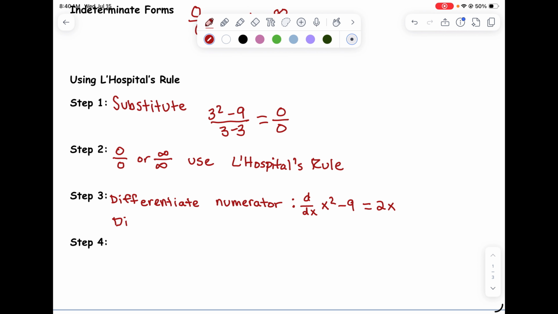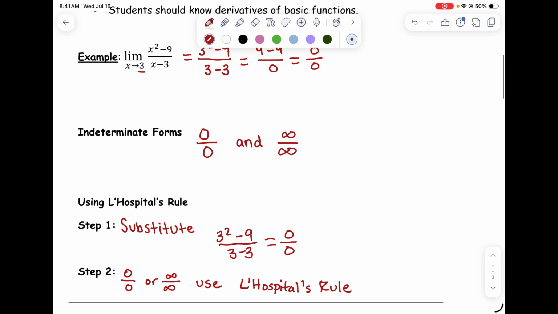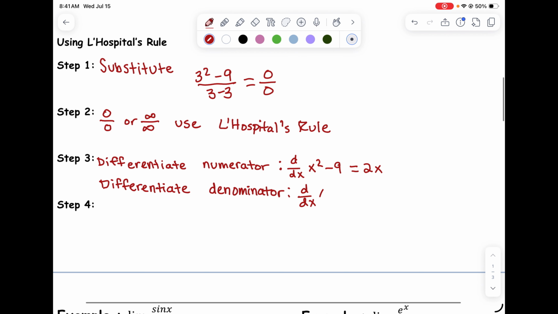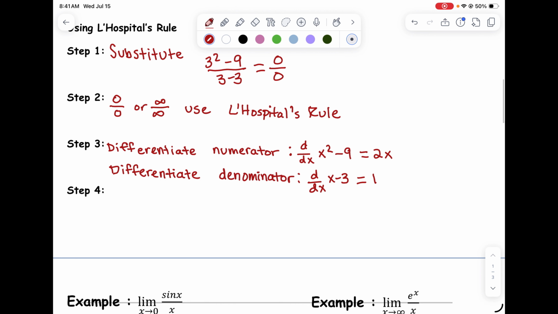And then you're going to differentiate the denominator. So take the derivative of x minus 3, which is just 1.